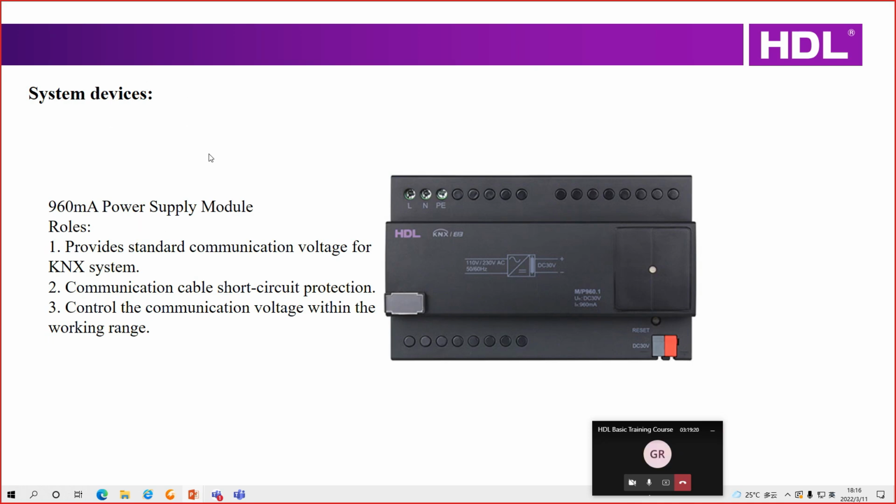This is the power supply. It has 3 roles. First, provide standard communication voltage for KNX system. Second, communication cable short circuit protection, and control the communication voltage within the working range.